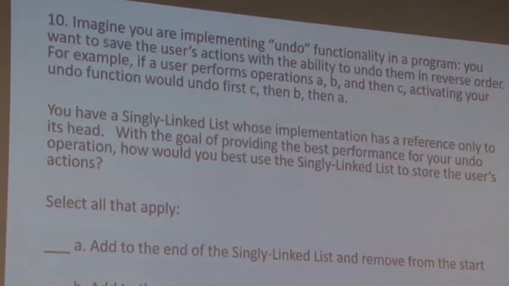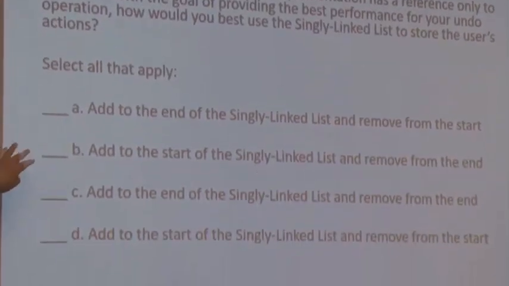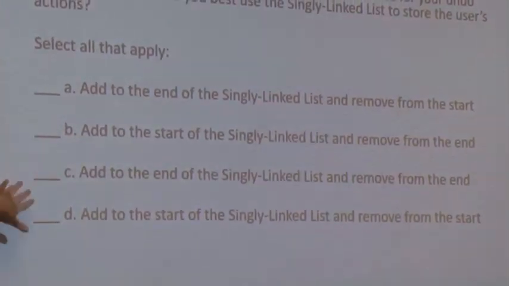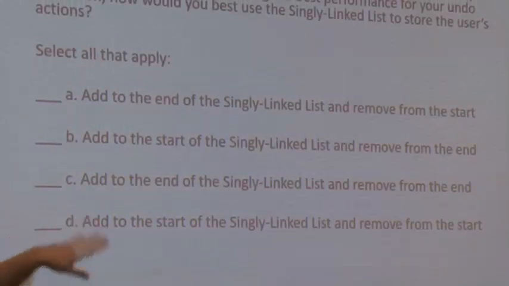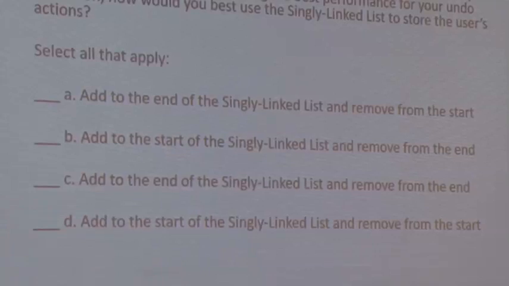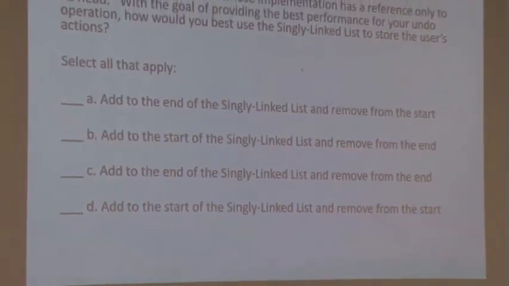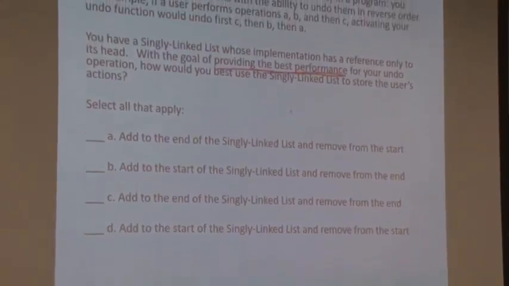This is like what happens when you hit Control-Z in a program. Do you want to add to the end of a singly linked list and remove from the start, add to the start and remove from the end, add to the end and remove from the end, or add to the start and remove from the start? And we're specifically saying, with the goal of providing the best performance.